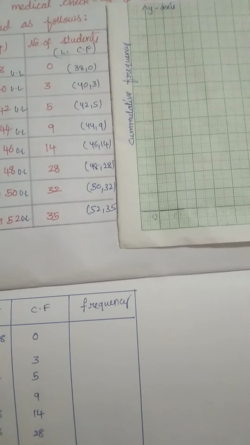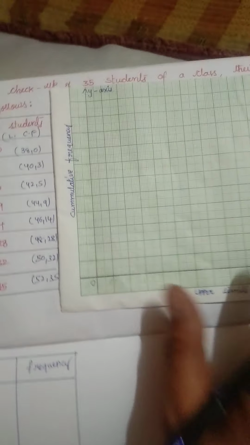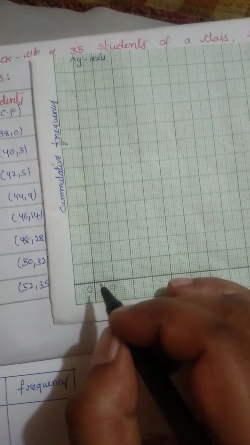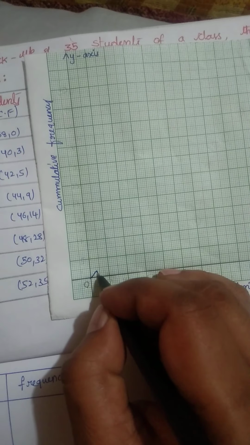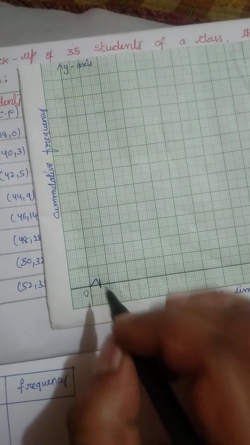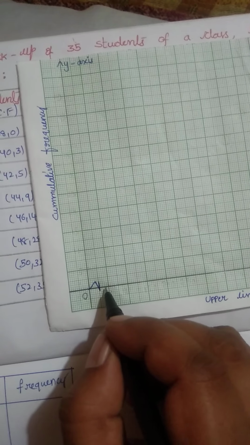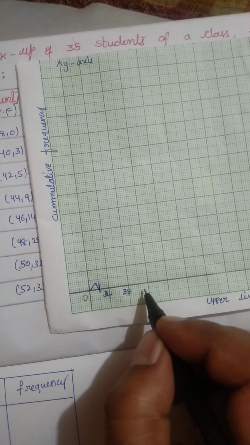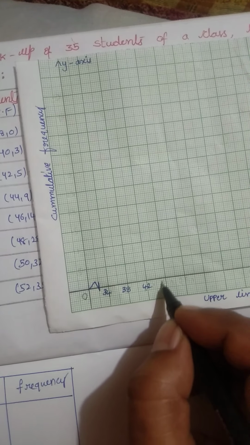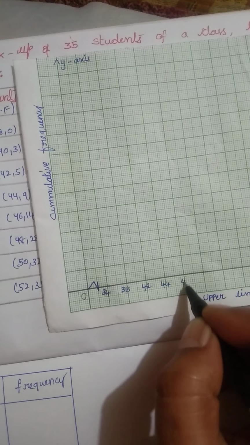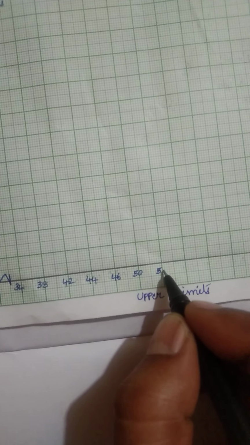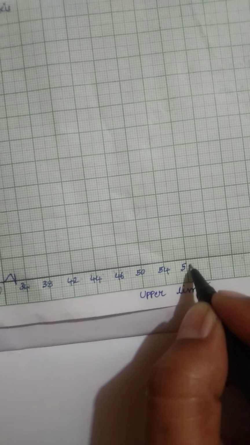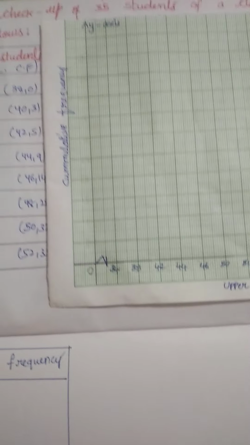So let us start from 34. This is our zigzag line.